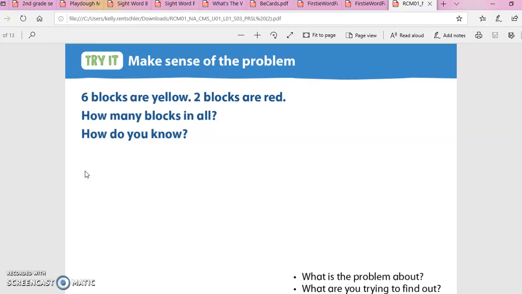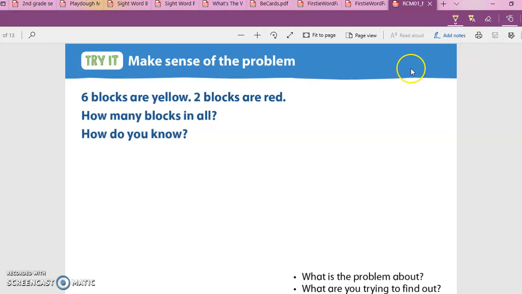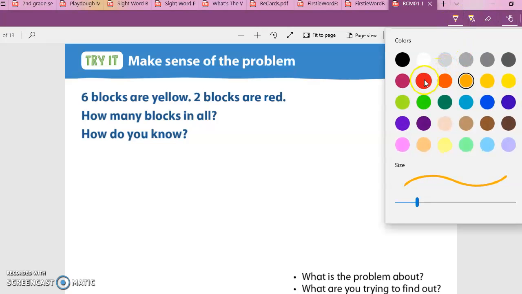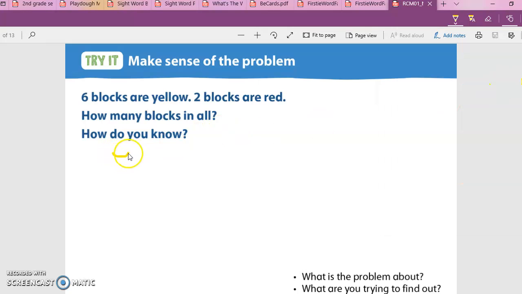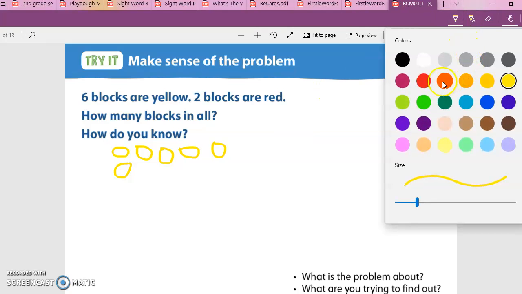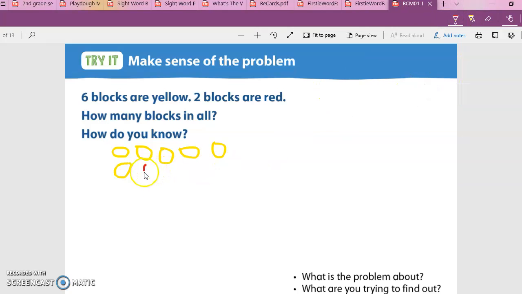Okay, did you get an answer? It says 6 blocks are yellow and 2 blocks are red. So let's see. I'm going to draw a picture. 6 are yellow. So 1, 2, 3, 4, 5, 6, and 2 blocks are red. 1, 2.